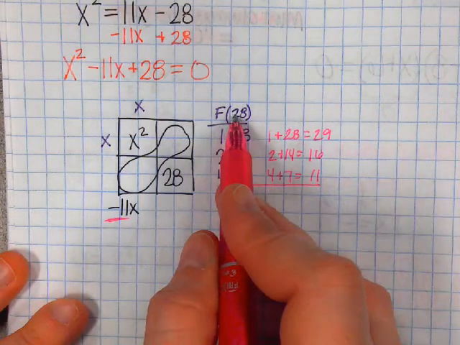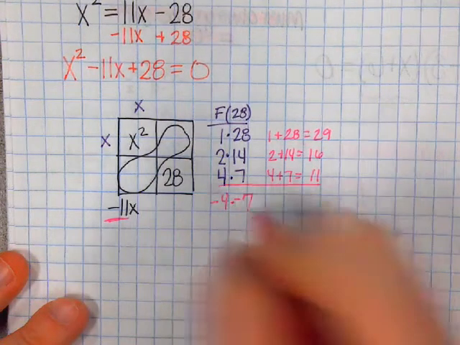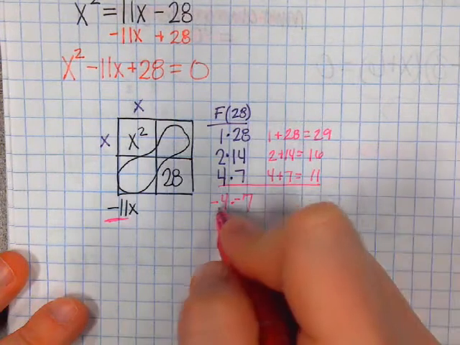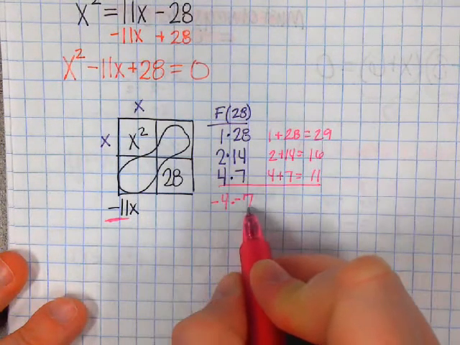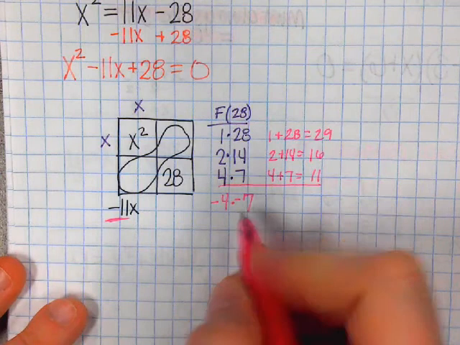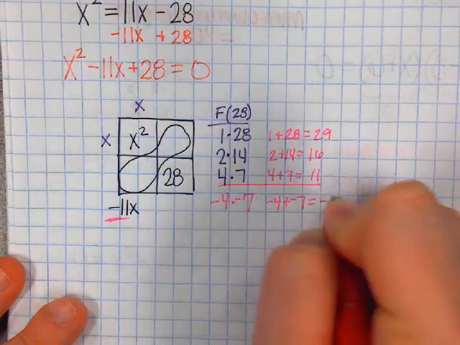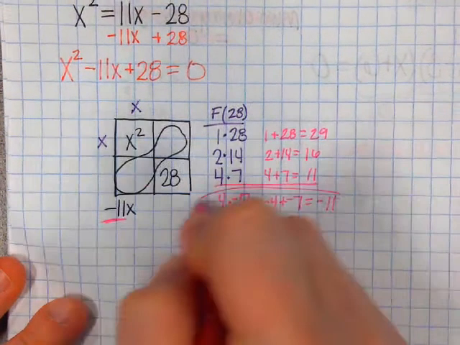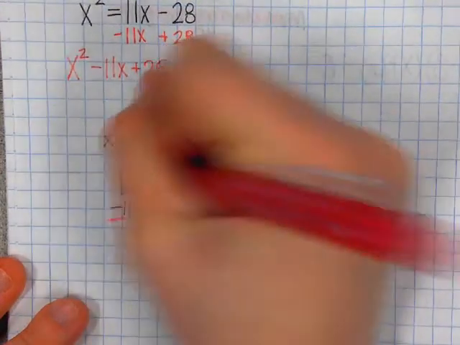Now, since it's a positive when we multiply, remember both signs have to be the same, or it would end up being a -28. So they both need to be negative. So -4 minus 7. So if I owe you $4 and I owe you 7 for something else, -4 plus -7 would give you -11.